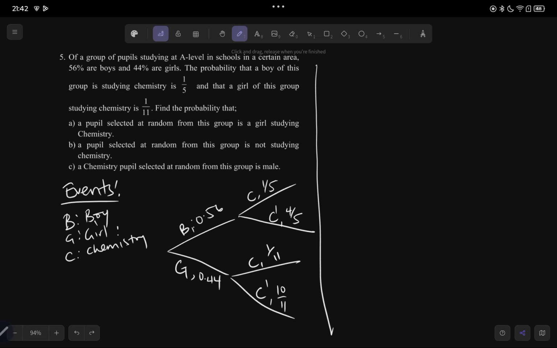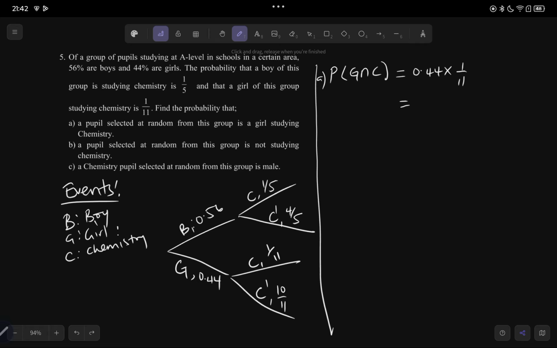Part A. A pupil at random picked from this group is a girl studying chemistry. So the one probability from part A, probability of a girl studying chemistry, which is 0.44 times 1 over 11.